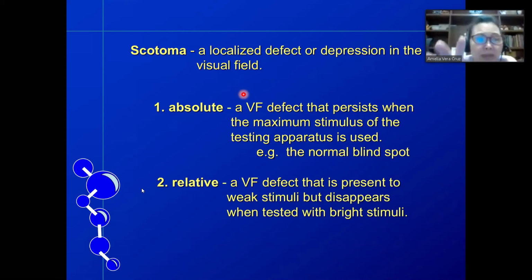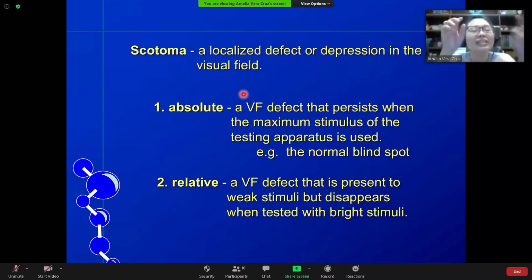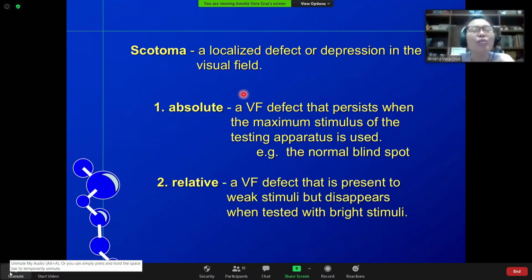The perimetry machine will usually identify first the blind spot. Doon na siya mag-i-start, ma-identify kung right or left eye yan. Yan muna ang uunahin niya, kung saan ang blind spot. Okay?